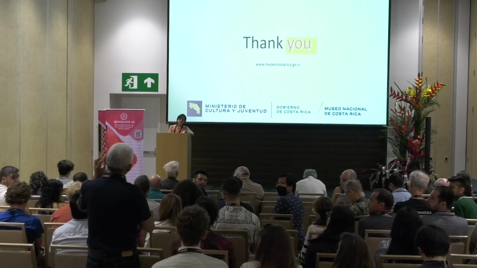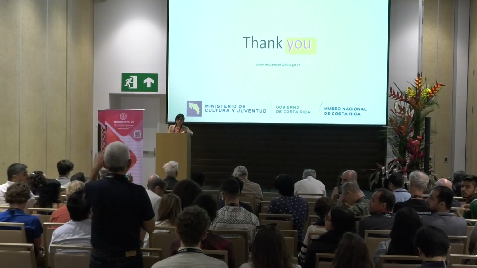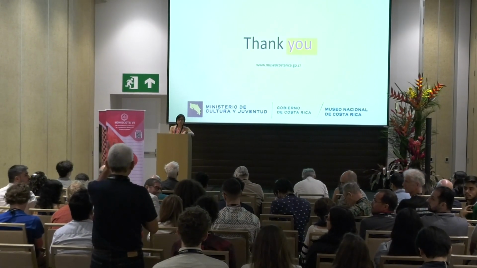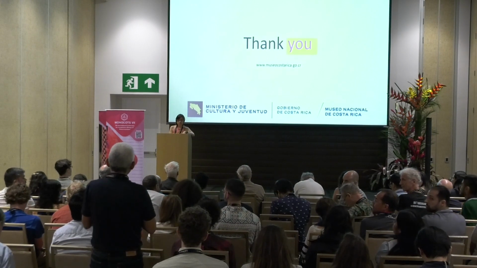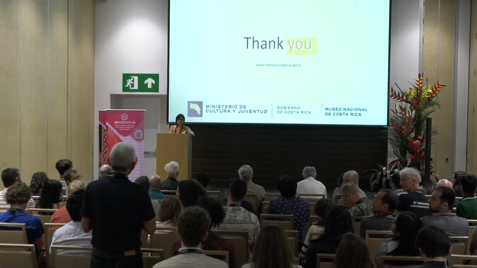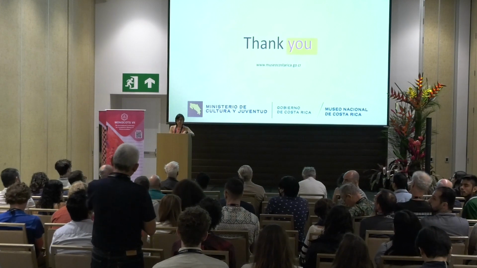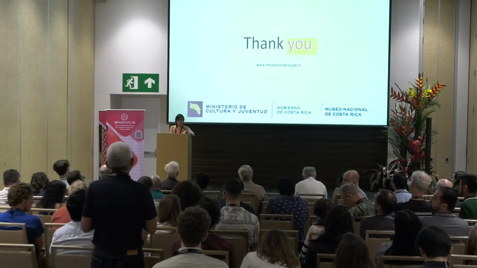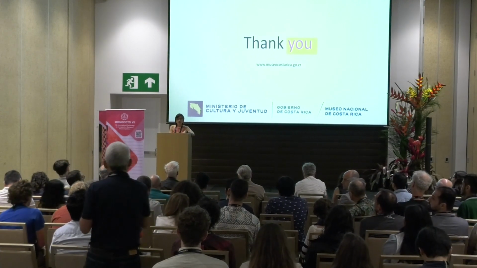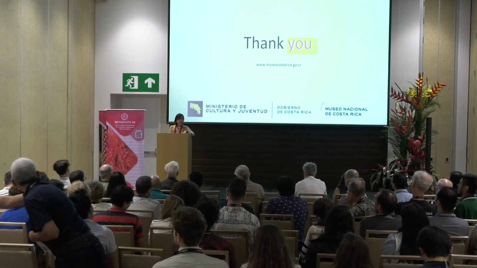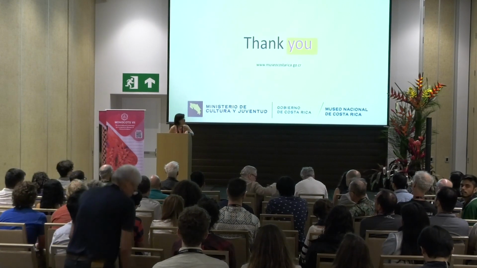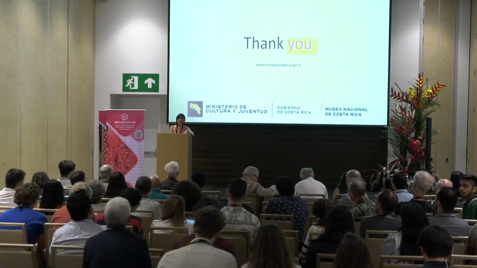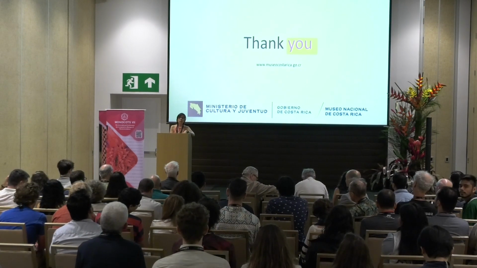I have consulted your database online and I found the data of the records. Is it possible to access images, or do you have plans for putting online images of the specimens, at least the types? Yeah, I must say that our database is not very friendly at the moment.